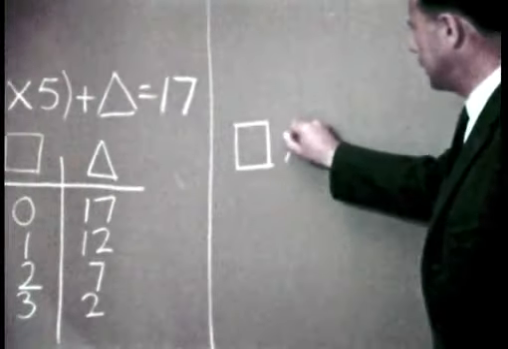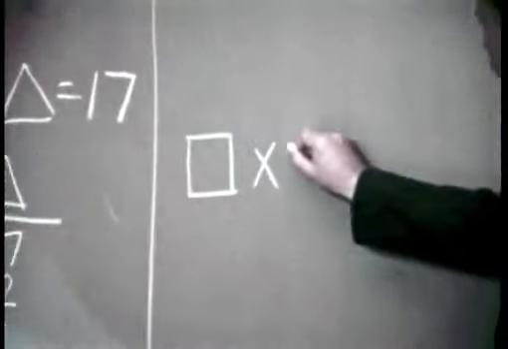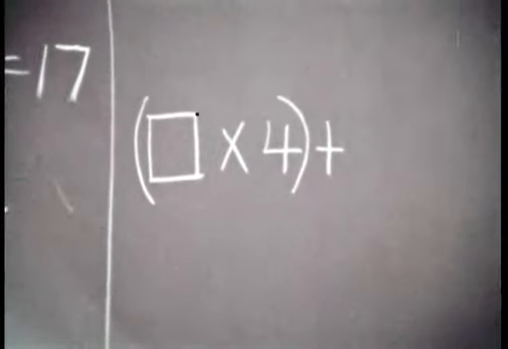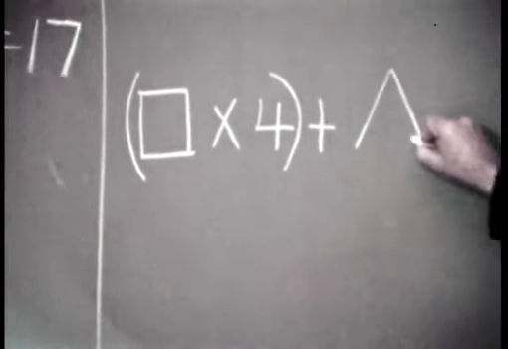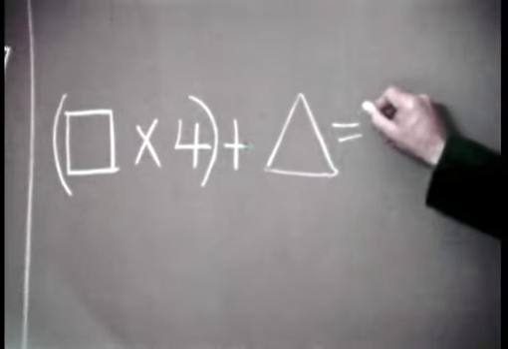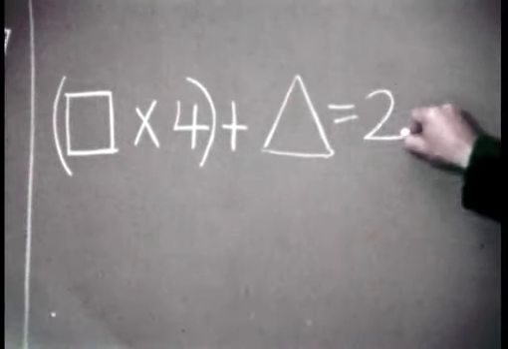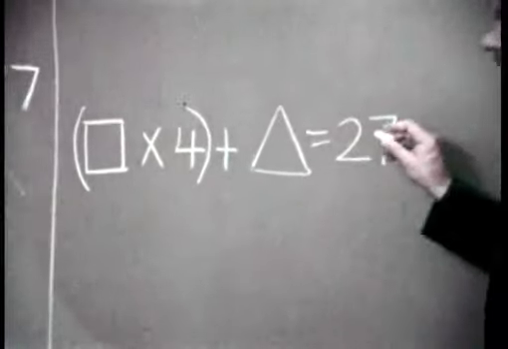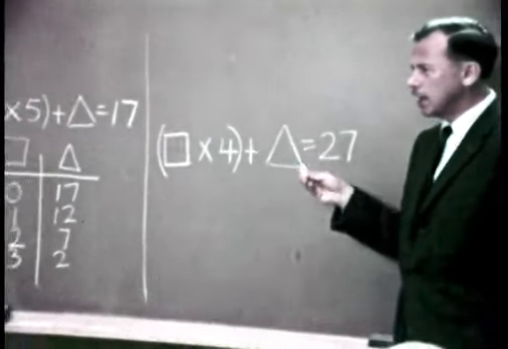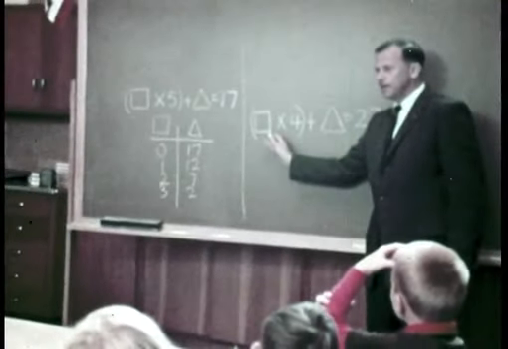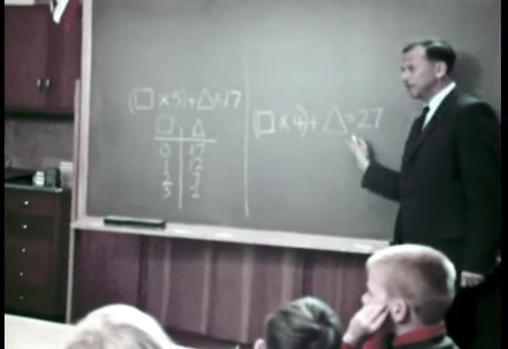What number times 4 plus another number equals, ready? But this time, we want to find the largest possible number we can use for the square to make this a true statement.